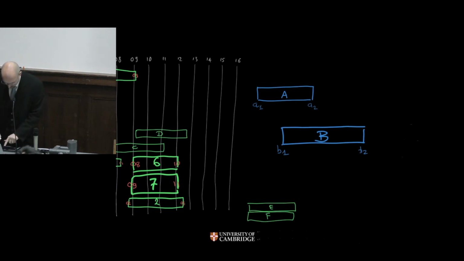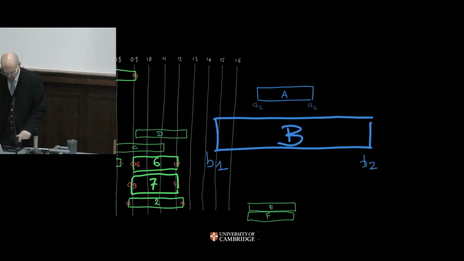If B1 were before A1, what would I have? It's compatible with my hypothesis that A is the earliest finishing activity because B finishes after that. However, if B is by definition part of an optimal solution, it means there's nothing overlapping B in the optimal solution.